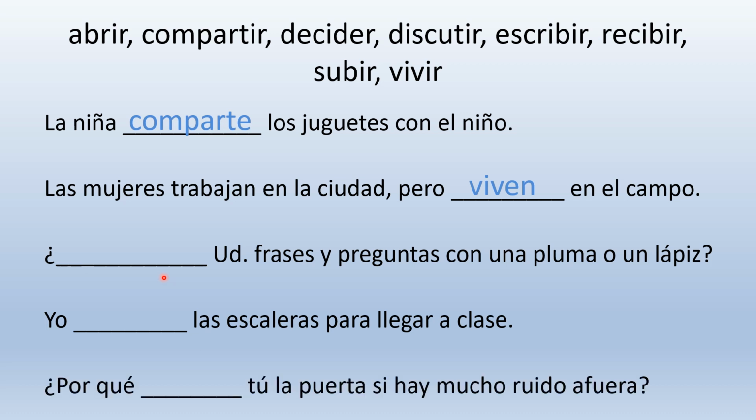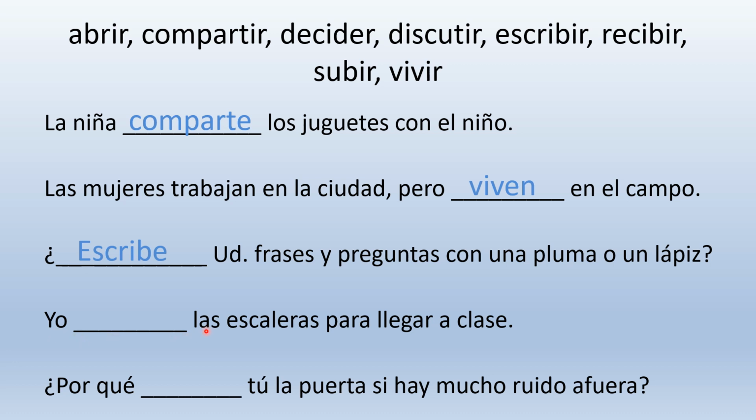Our order is a little bit out of whack, but the answer is escribe. Do you write? Escribe usted frases y preguntas con una pluma o un lápiz? Do you write phrases and questions with a pen or a pencil? Okay, good.